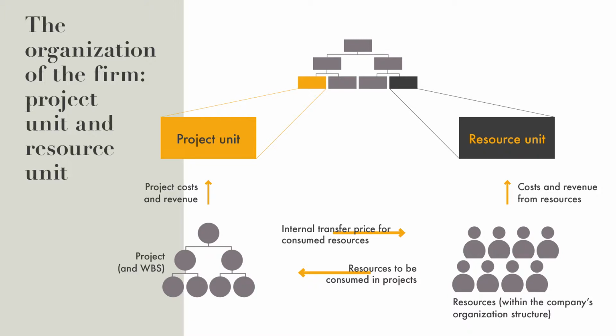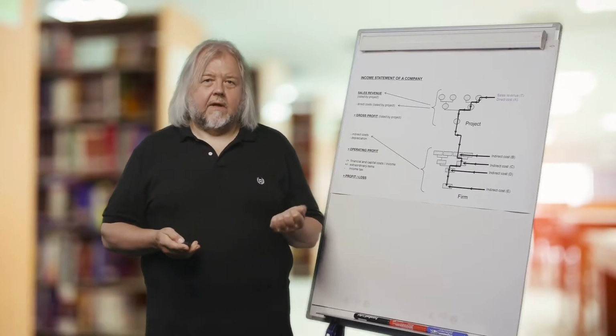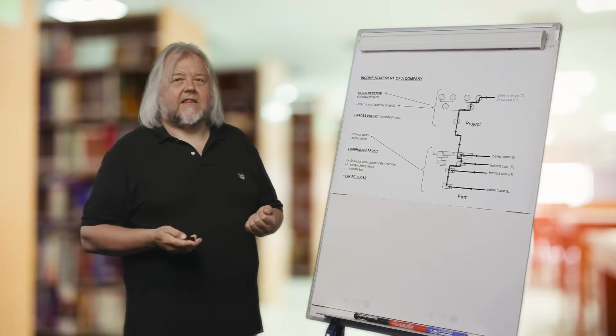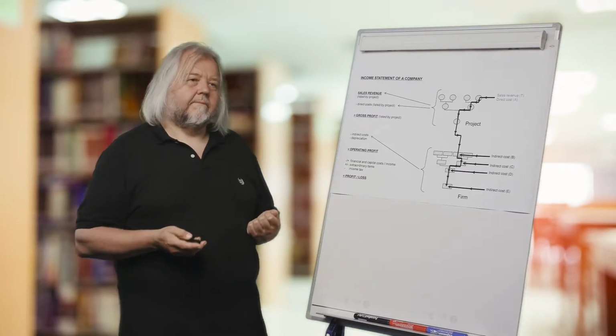And there is an internal transfer price that the resource unit gets from the project. So the project kind of pays for the resource usage, internal revenue to the resource unit. Okay, let's look at this setting in more detail.